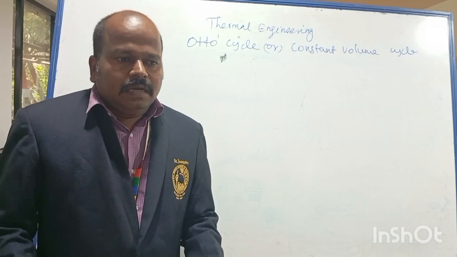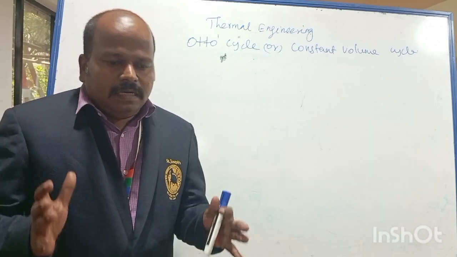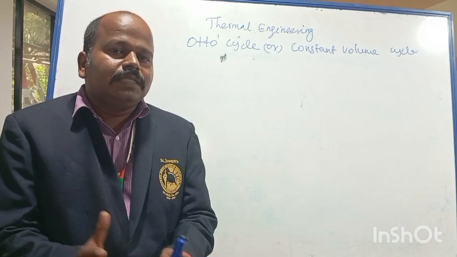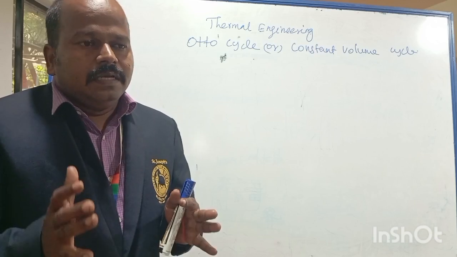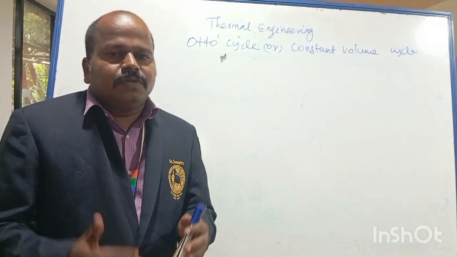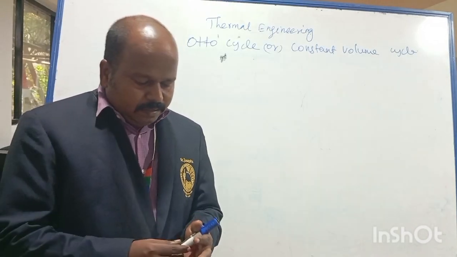There is no intermolecular force between the molecules. The compression and expansion follow the adiabatic process, that is PV^gamma equals constant. These are the assumptions we make to simplify this cycle.